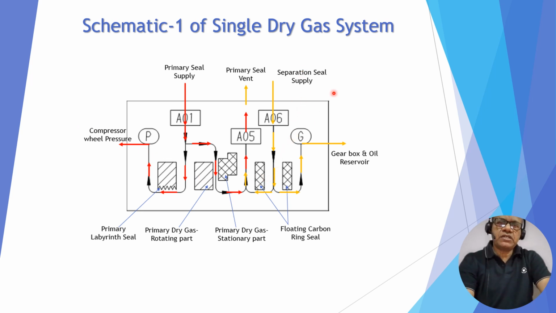And this is a backup or separation seal, which is supported with the floating carbon, and this gas is normally nitrogen, and it is coming here, venting from one floating carbon ring, mixing with this and going to flare, and the remaining portion of the separation seal gas goes to the gearbox and oil reservoir. So this is a schematic for a single dry gas seal system.